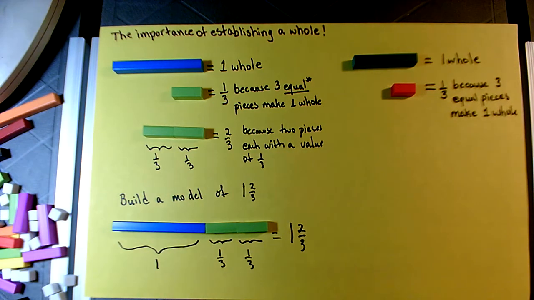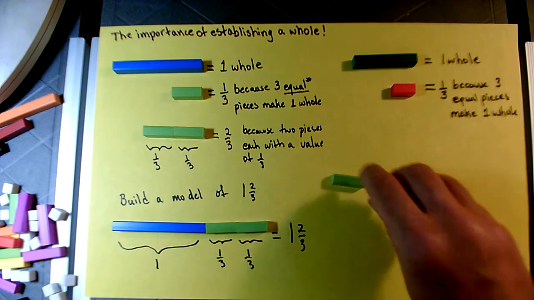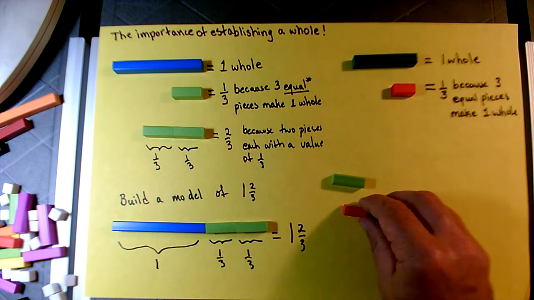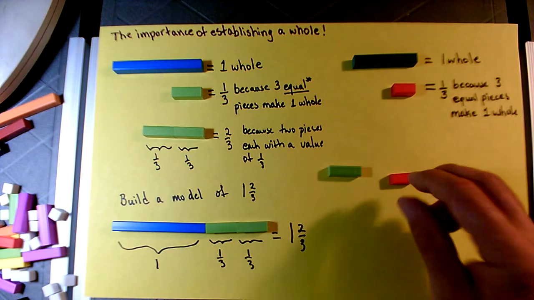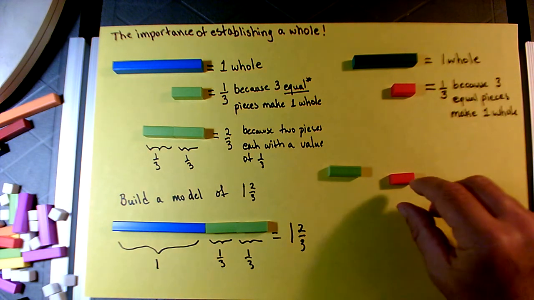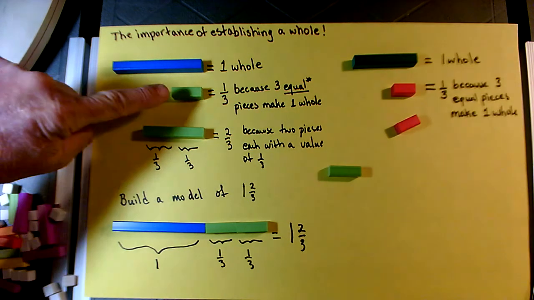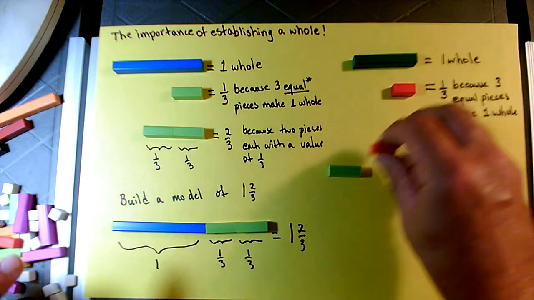Now this is where conceptually the most important part of Cuisenaire rods comes into play. If a student comes up to me and says, well, teacher, how can this be 1/3 and how can this be 1/3? They're not the same, so why are you calling both of those pieces 1/3? And my answer is, well, this is 1/3 if that's the whole, and this is 1/3 if that's the whole.